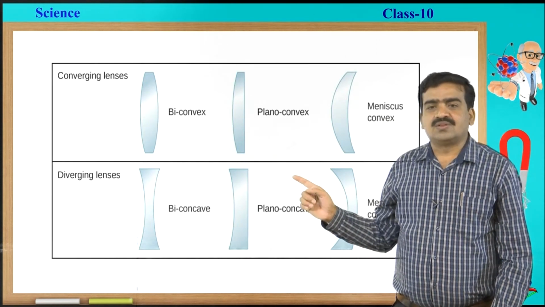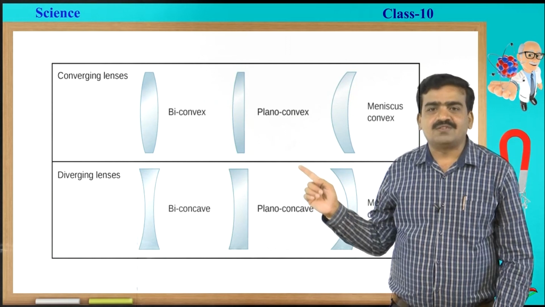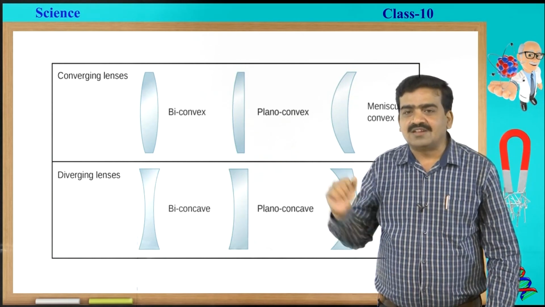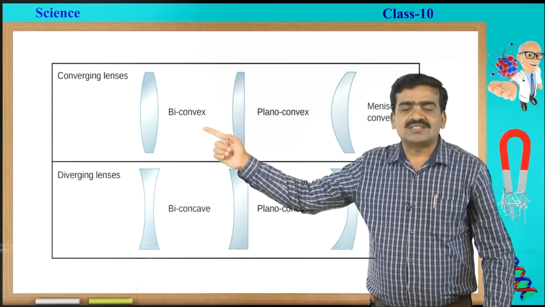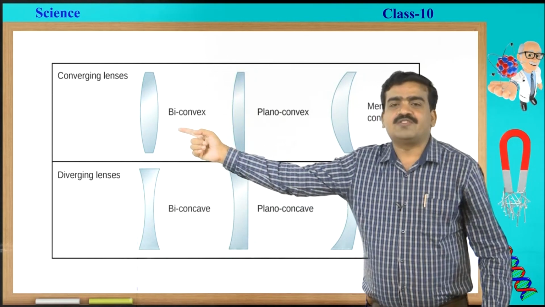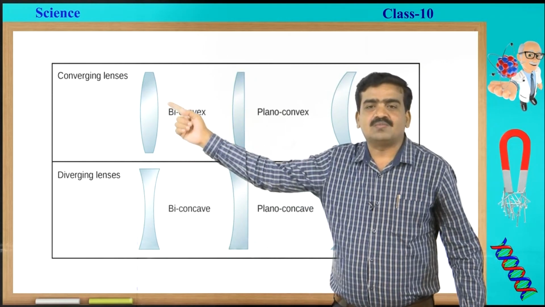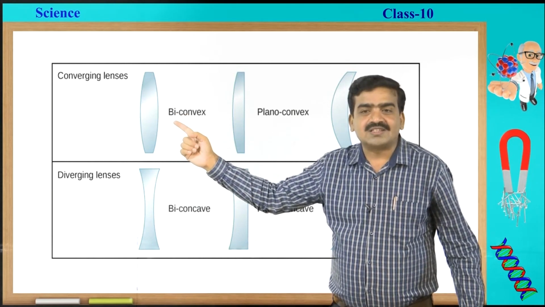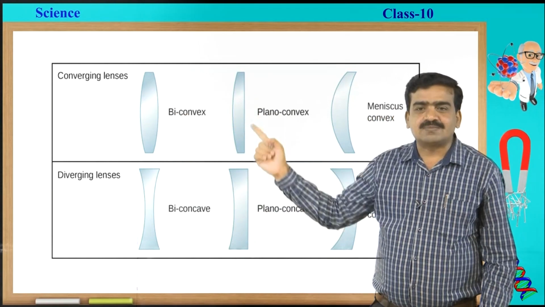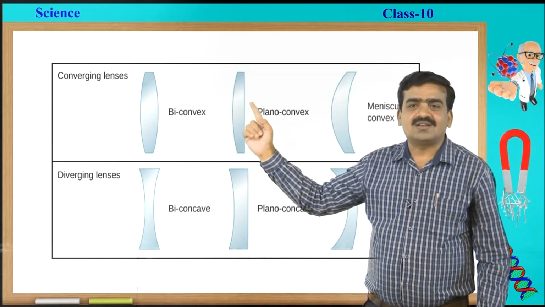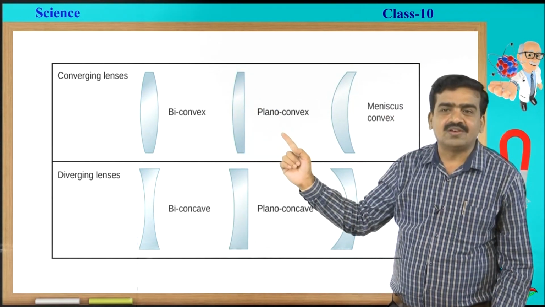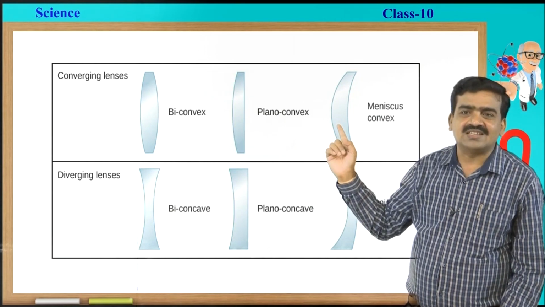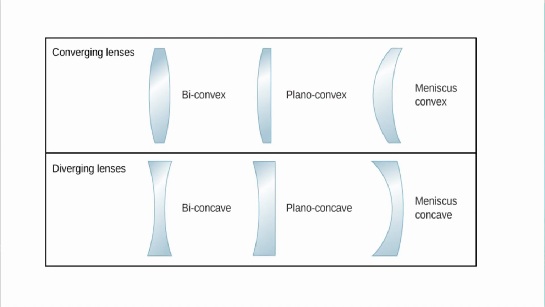Now, we also have different types of concave as well as convex lenses. In the case of a convex lens, if the two faces or two surfaces are bulged like this or curved like this, it is called a biconvex lens. If one side is plane and another side is curved, then it is called plano-convex, and if it is like this, that is a meniscus convex lens.